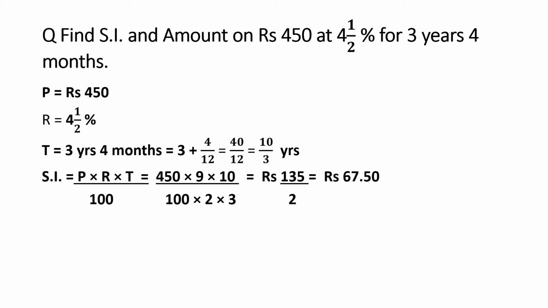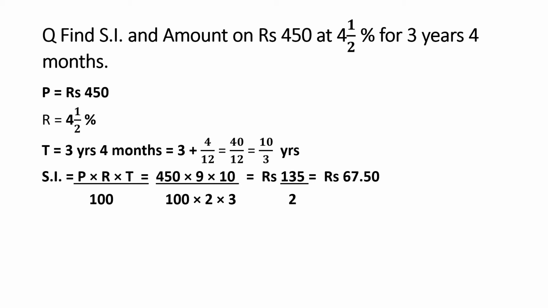The next concept is amount. Suppose you deposit 10,000 in a bank and the bank is giving you 1,000 interest on that money. Now the money which you will get back is 11,000. That is your amount. What you did: 10,000 plus 1,000. 10,000 was your principal amount, and 1,000 was the interest.